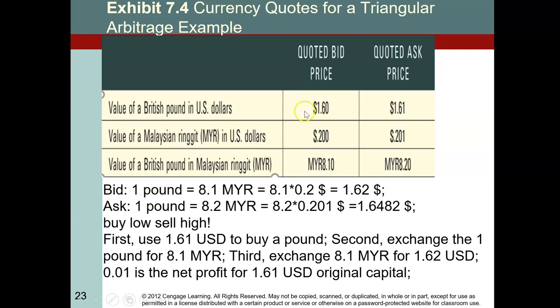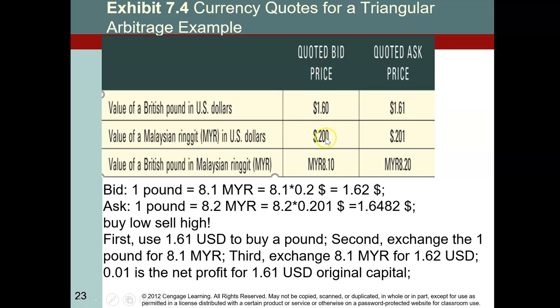For the bid price, a pound equals 8.1 MYR, which also equals 8.1 multiplied by $0.2.